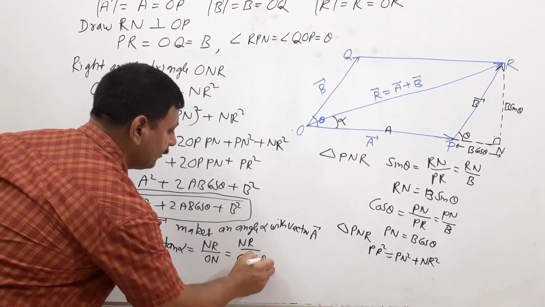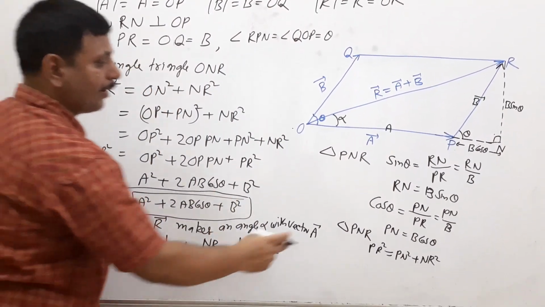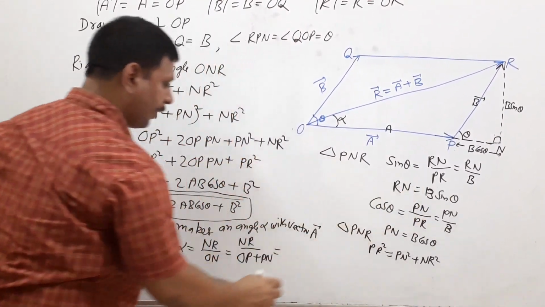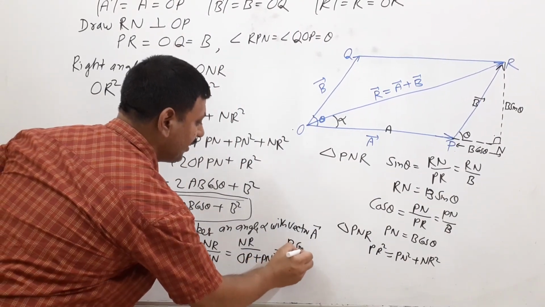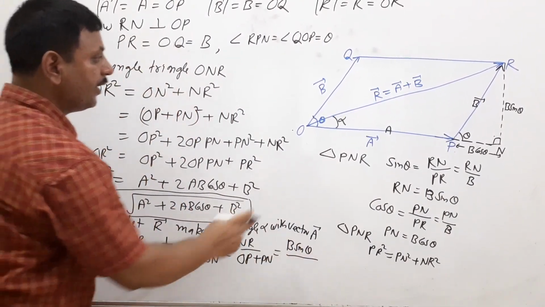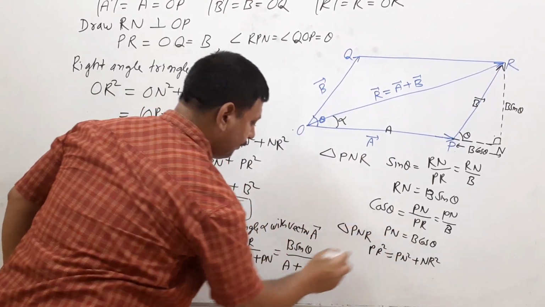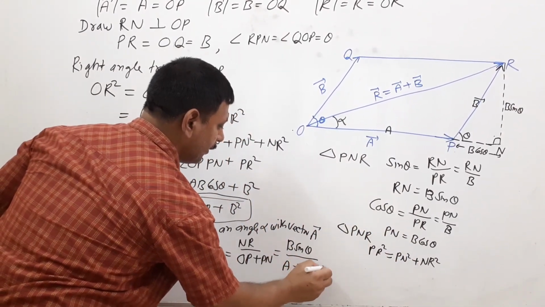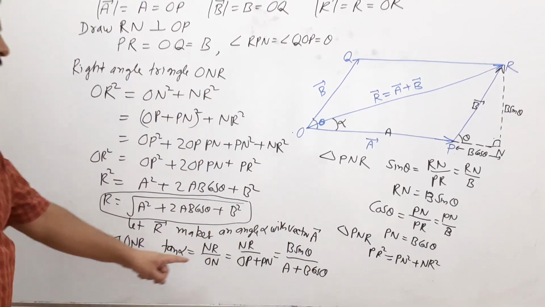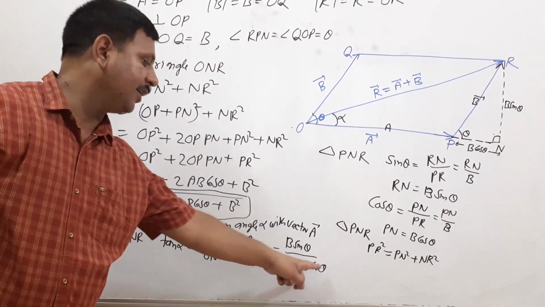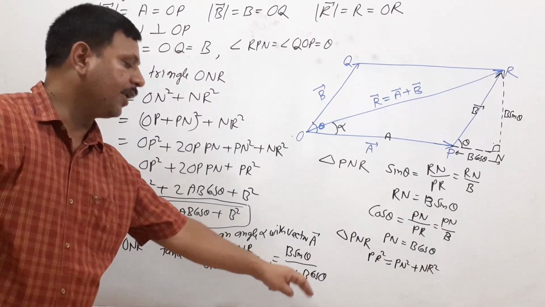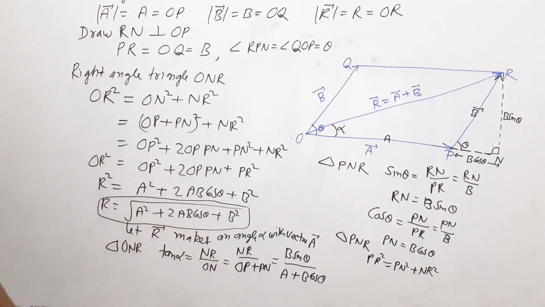What is NR? RN I have found here, B sin theta. And OP is A and PN is B cos theta. You can see tan alpha is equal to B sin theta upon A plus B cos theta.